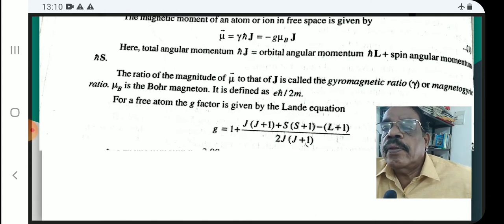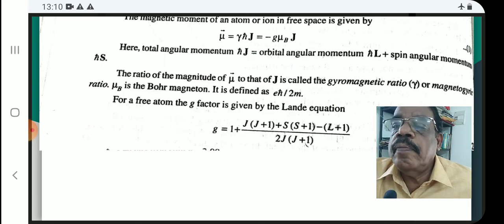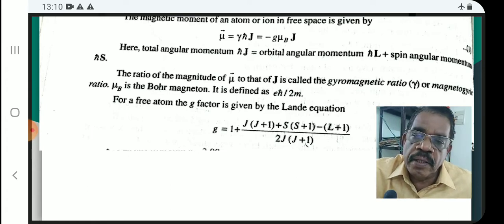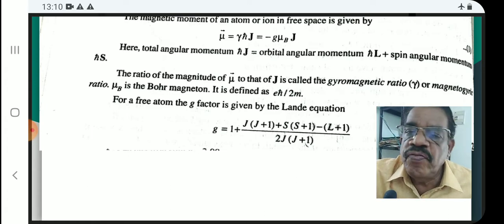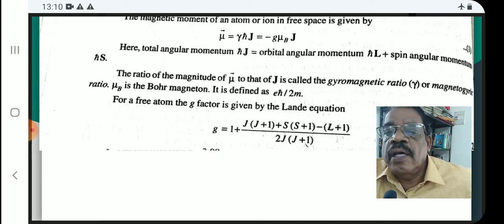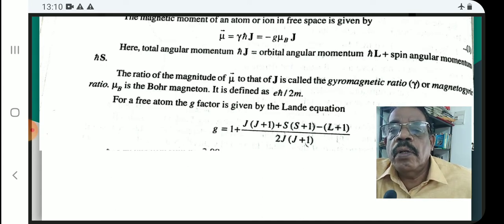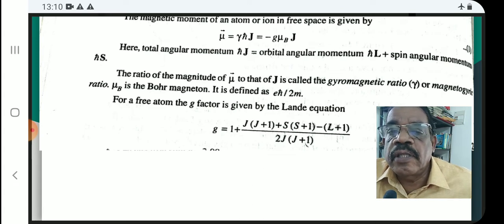For a free atom, the g factor is given by the Lande equation, the Lande g factor. That is g is equal to 1 plus J into J plus 1 plus S into S plus 1 minus L into L plus 1, all by 2J into J plus 1.